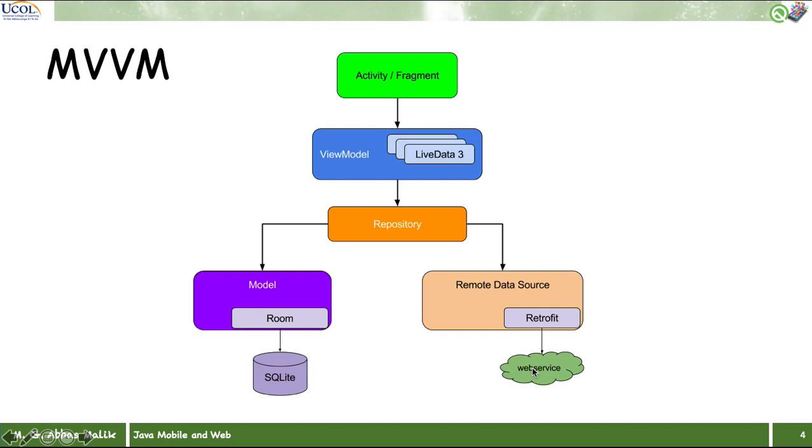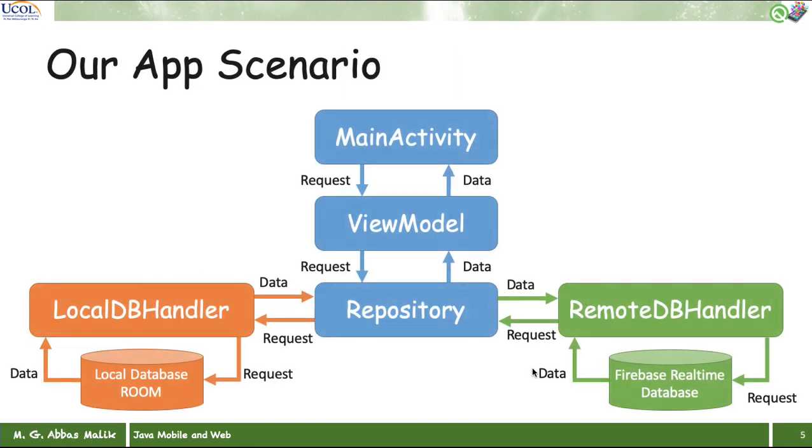Okay, so let me show you our application scenario. We have the main activity. In the last lecture, we saw the main activity in which we show some student records from our Firebase real-time database.